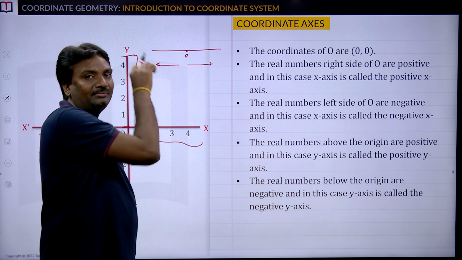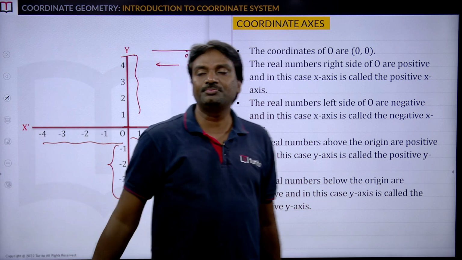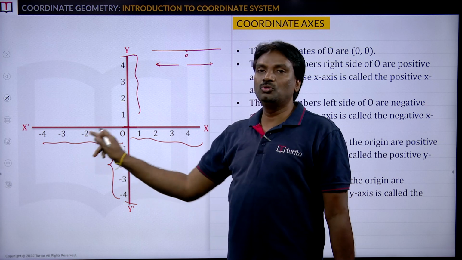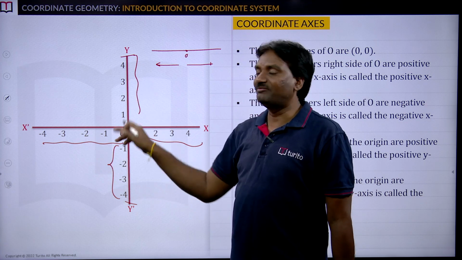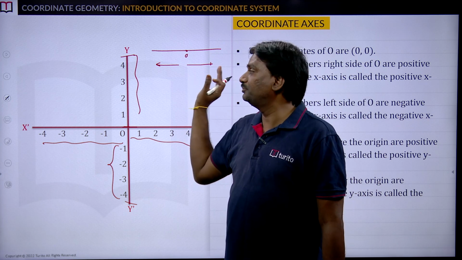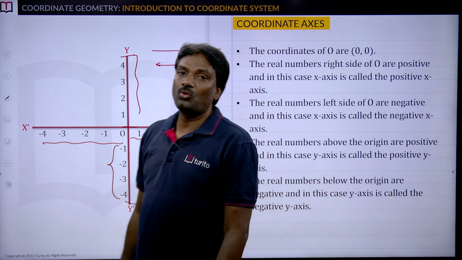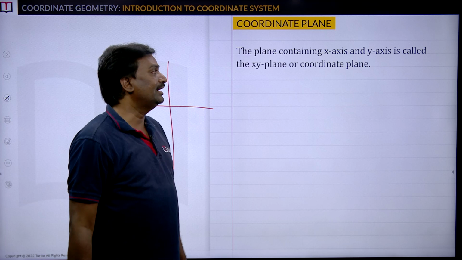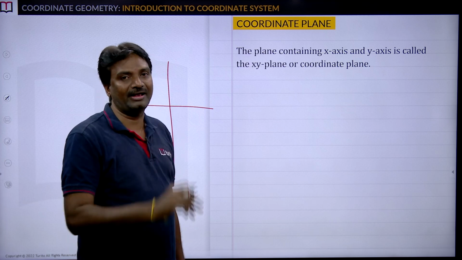Actually this is the board. On this board we have kept two axes, the x-axis and y-axis. Now this board is known as a coordinate plane, the plane containing the x-axis and y-axis.